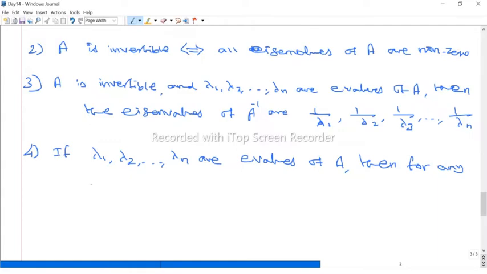Suppose for any k greater than 0, the eigenvalues of the matrix A power k are lambda 1 power k, lambda 2 power k, just raise the power of each eigenvalue, lambda n power k.